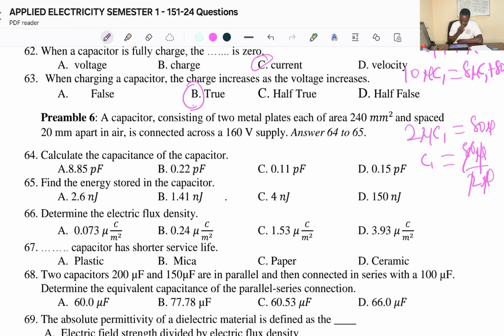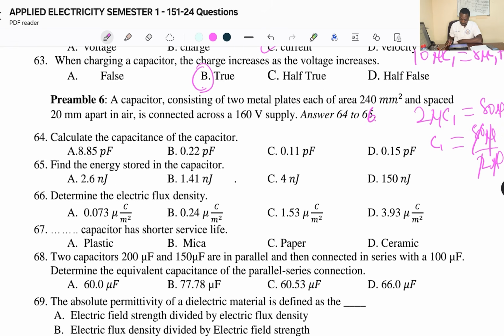So we go to this question. So it should be 66, right? To 66. Now let's go to the first question, 64: calculate the capacitance of the capacitor.